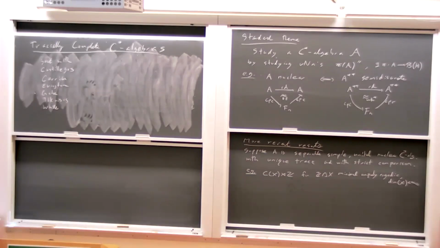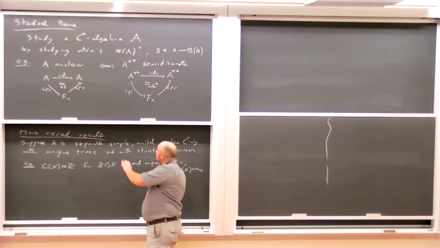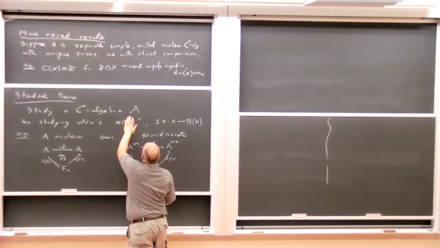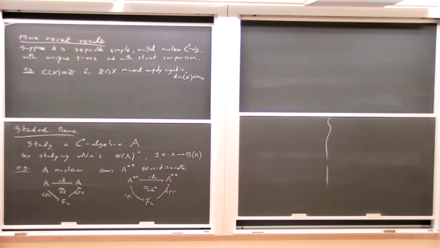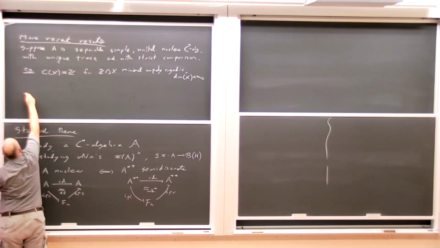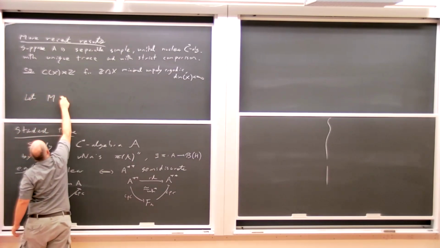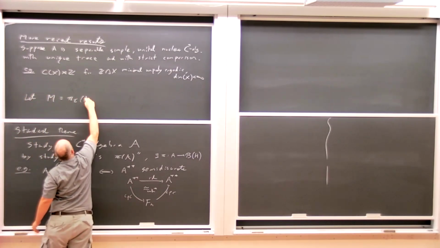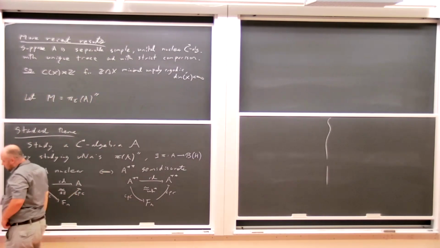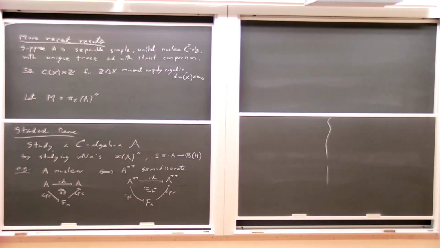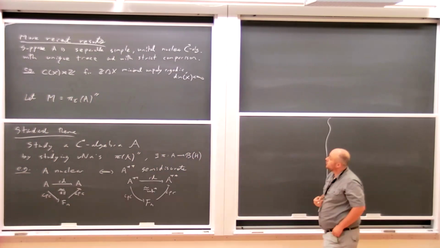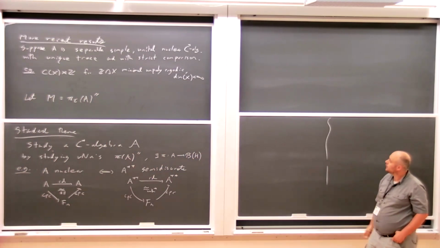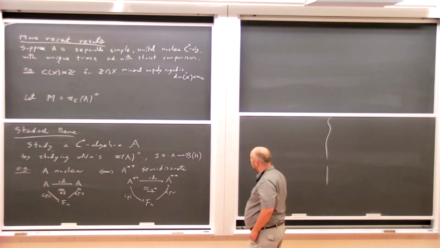So let's flip these. And let M be the von Neumann algebra coming from the GNS representation of the unique trace, which at the end of the day is the hyperfinite II_1 factor R by Connes' theorem.